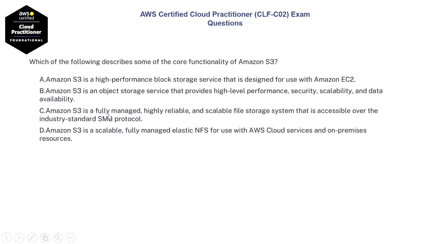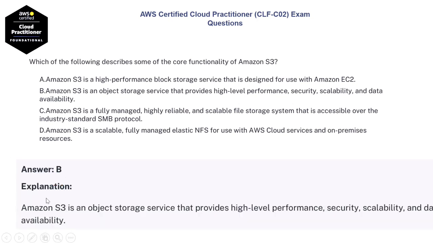Option C, Amazon S3 is a fully managed, highly reliable, and scalable file storage system that is accessible over the industry standard SMB protocol. Option D, Amazon S3 is a scalable, fully managed elastic NFS for use with AWS cloud services and on-premises resources. The right answer is option B.